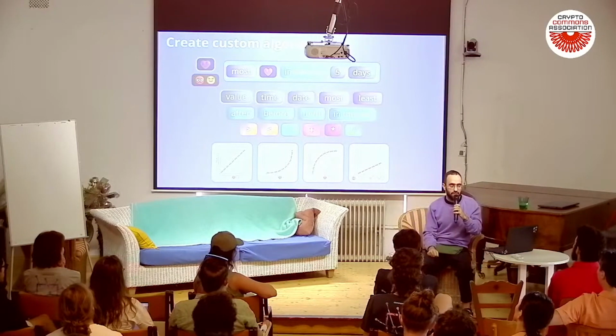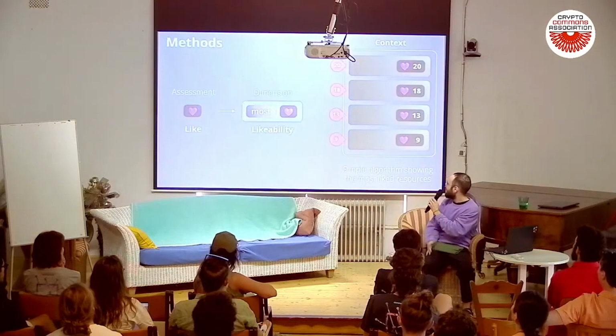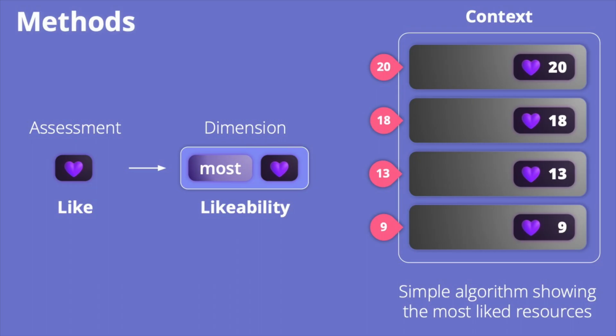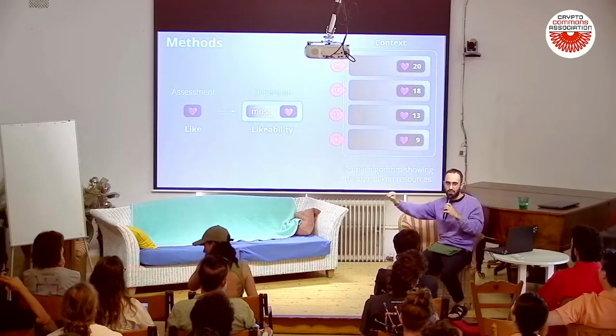scoring of our resources. Yeah, I wanted to go through a few of these so that it's more or less clear how they work. So for example, if we have, as an assessment, we define likability as a dimension. So you are positioning resources on the dimension of likability through likes.